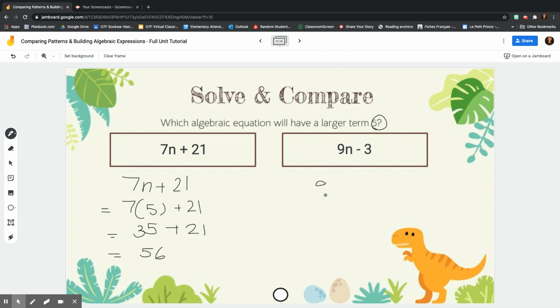And then this one is 9n minus 3 equals 9 times 5 minus 3 equals 45 minus 3 equals 42.